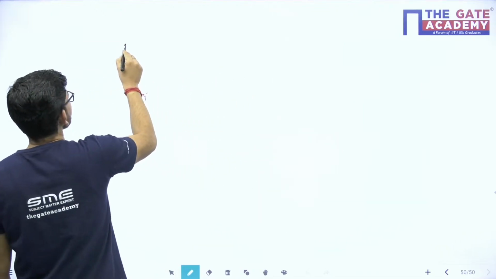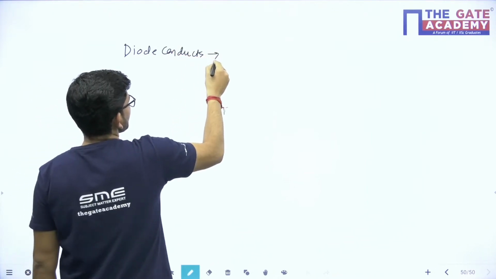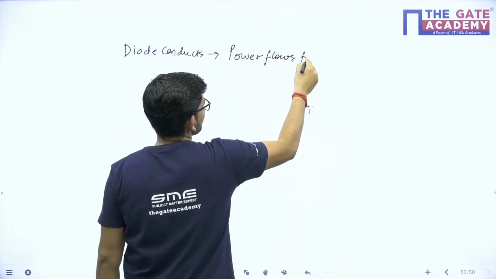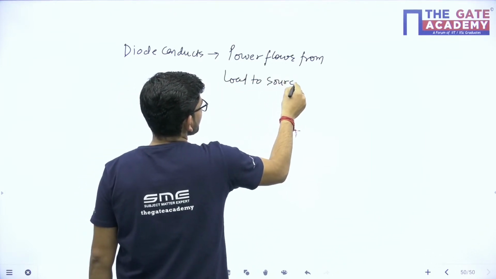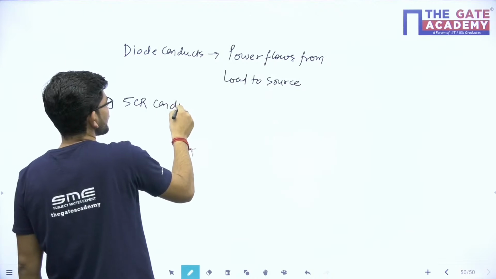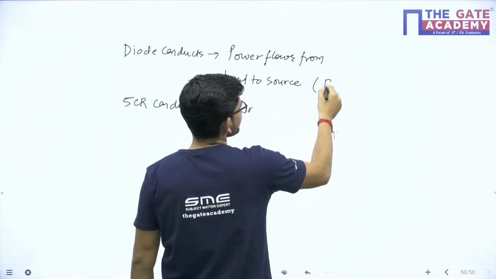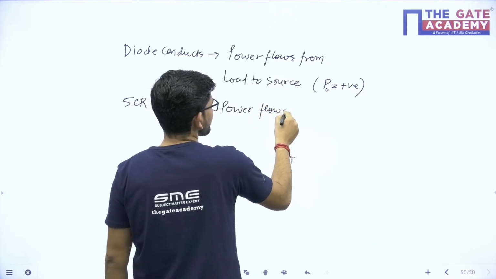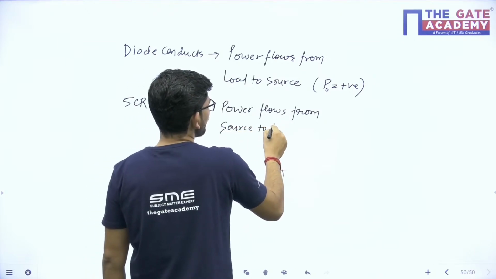Whenever a diode conducts, power flows from load to source, and whenever I have SCR or thyristor conducting, output power is positive, power flows from source to load.